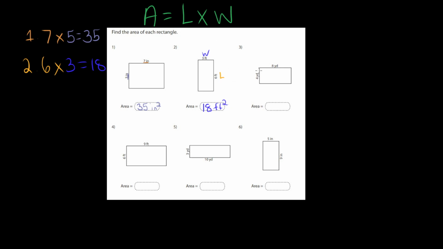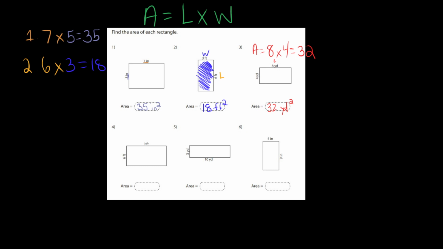And I think you can kind of see how you find the measurement or the space taken up on the inside by a shape, okay? Let's keep going a little bit faster now. Area is length times width, so this is going to be area equals 8 times 4, which is 32. So our area is 32 yards squared.